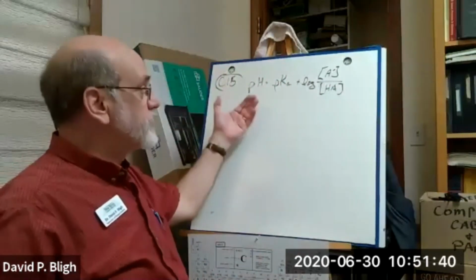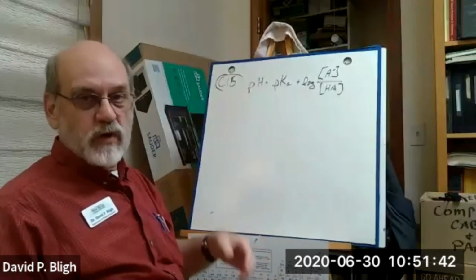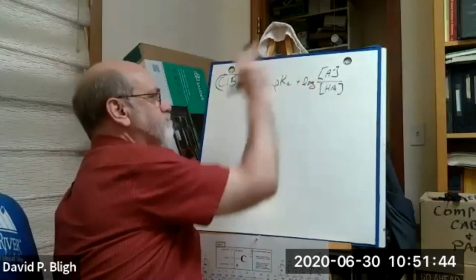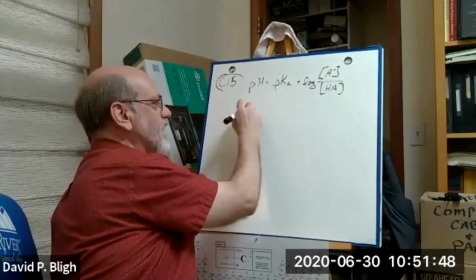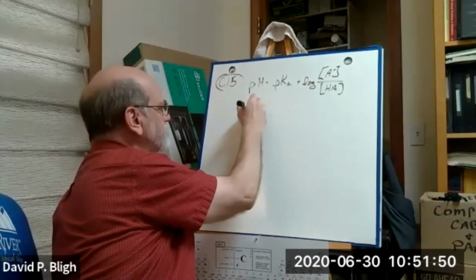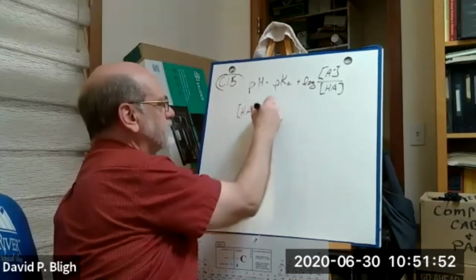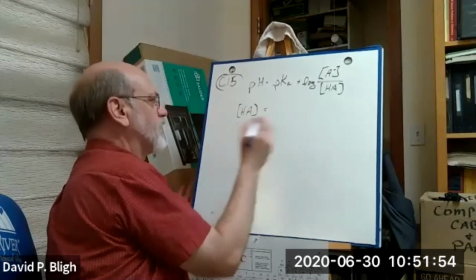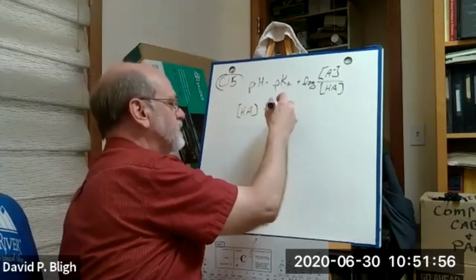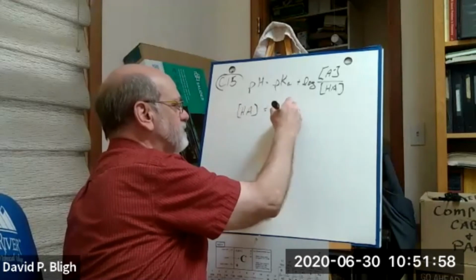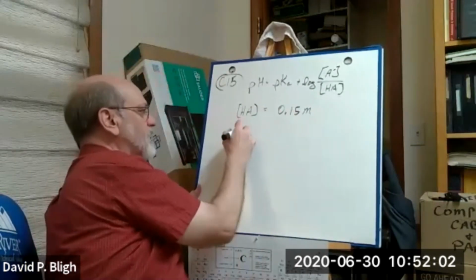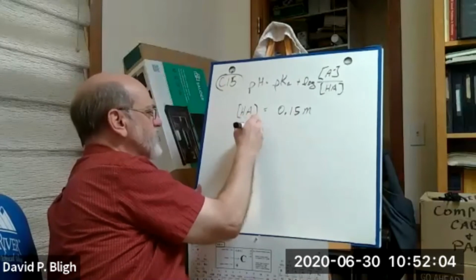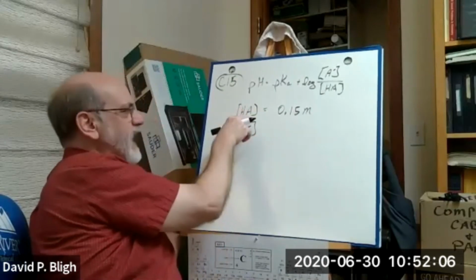So, circumstances where you can use this directly. If you're given concentrations of the acid, and the conjugate base, this will be added directly.